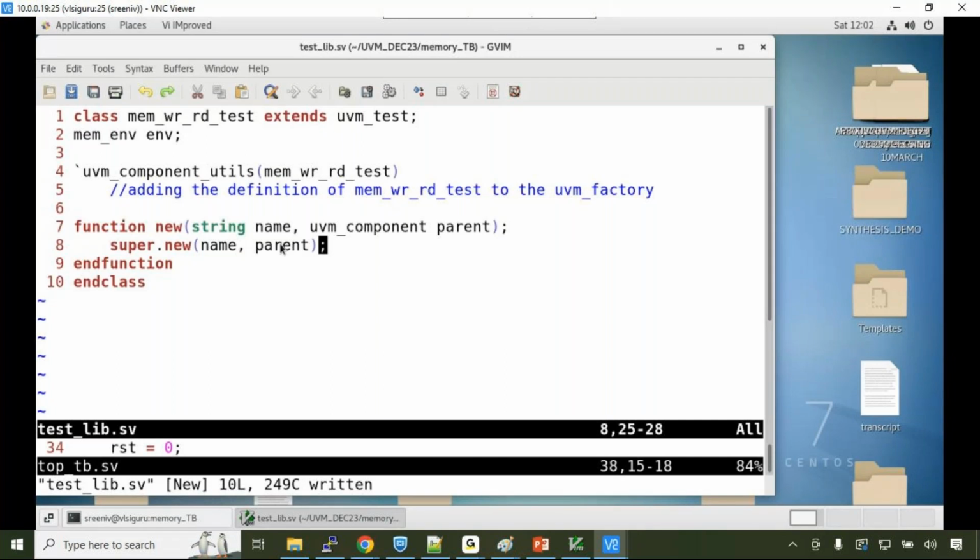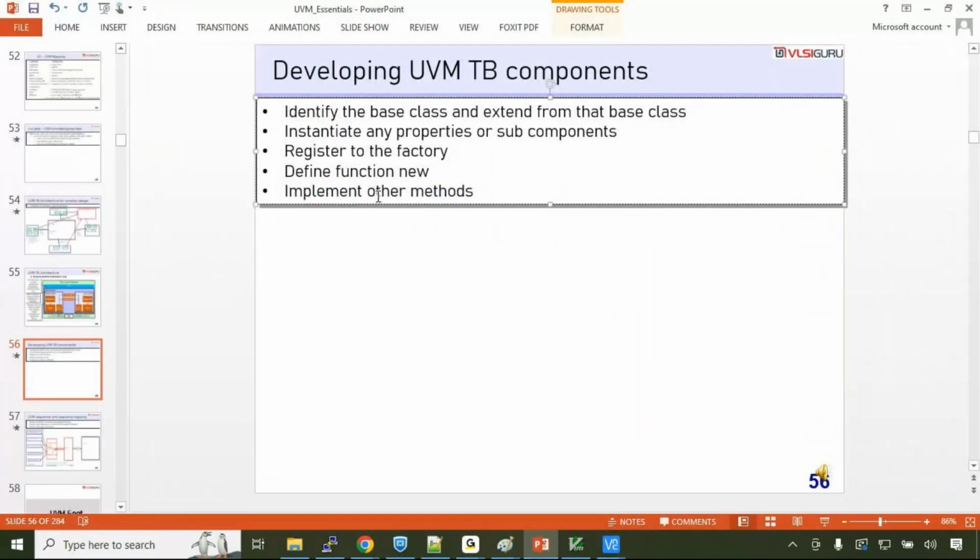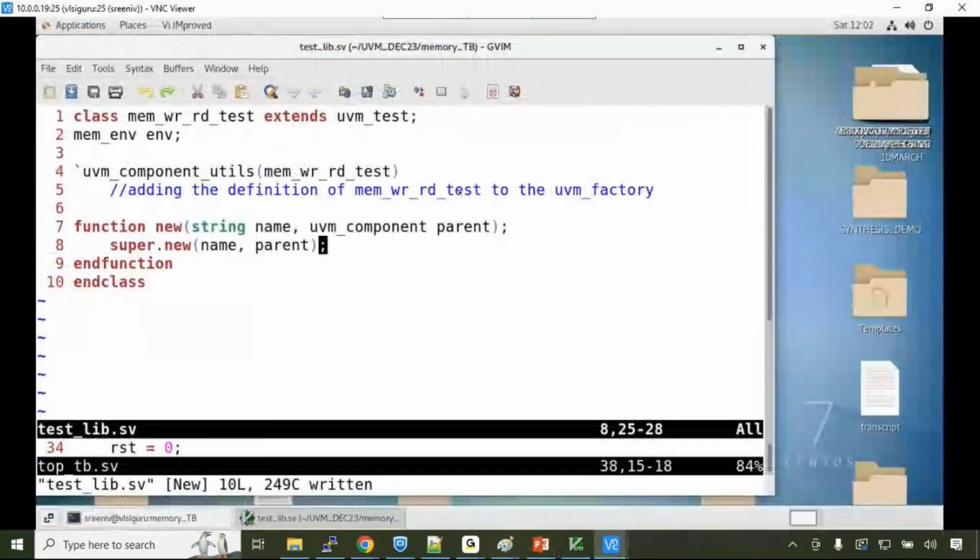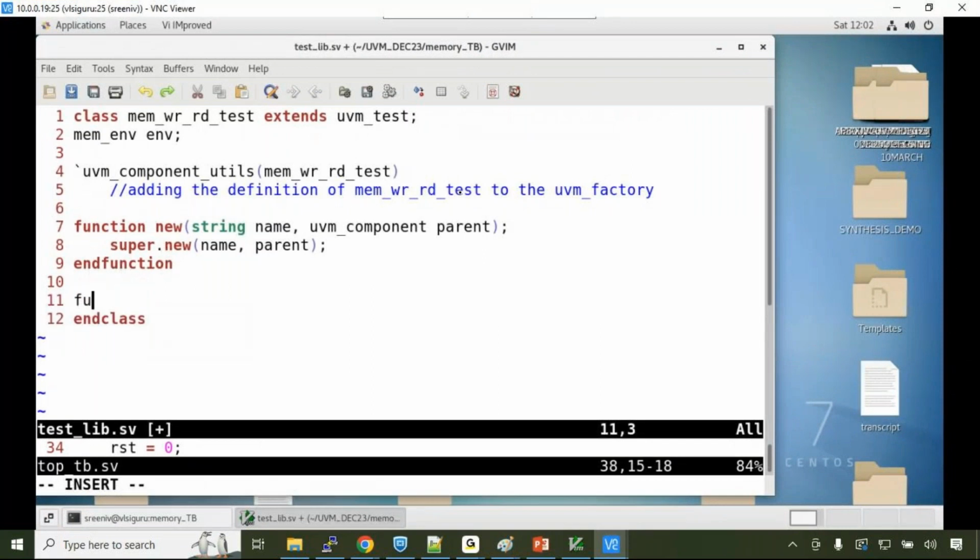This is the fourth concept. The fifth concept is implement other UVM standard methods as per the requirement. Going forward, you will see that I will require a method called build phase.